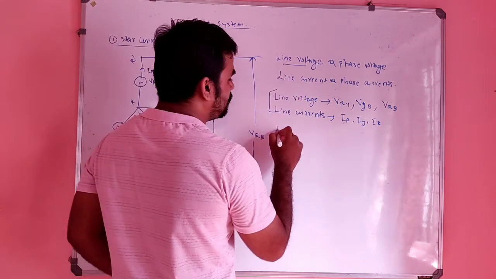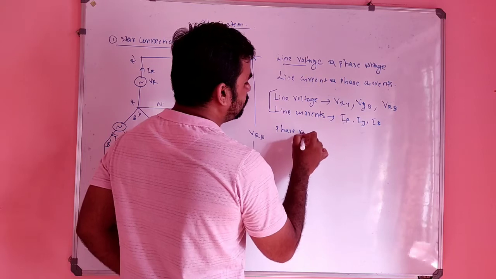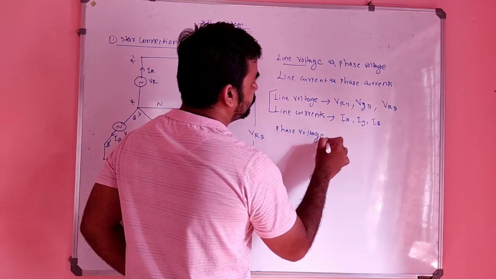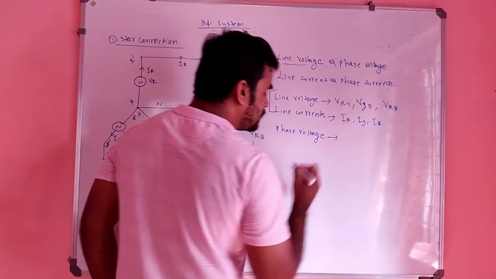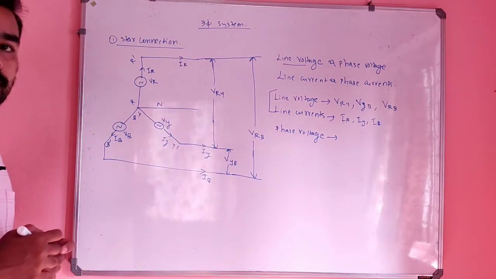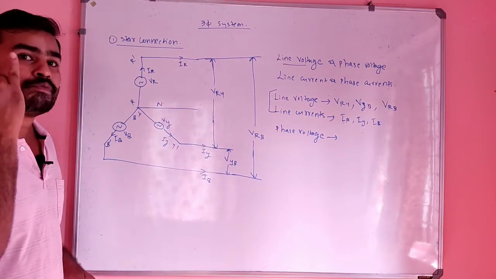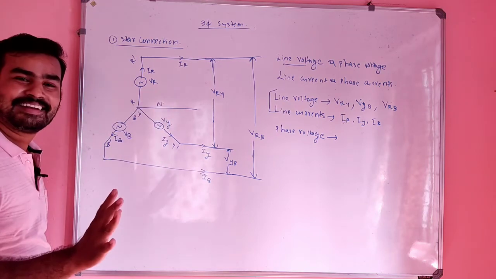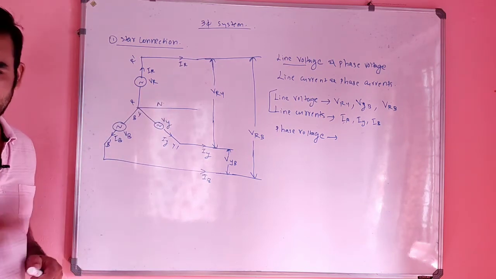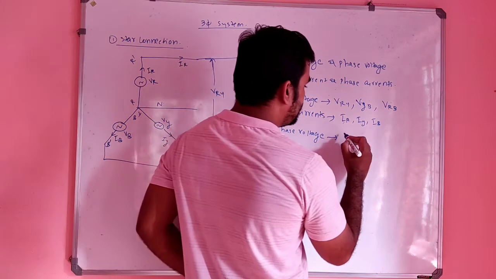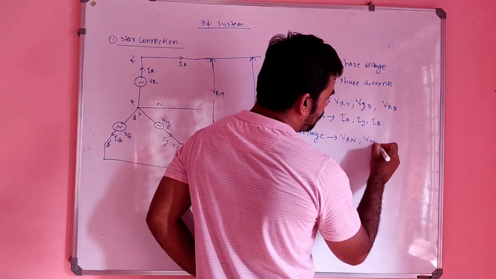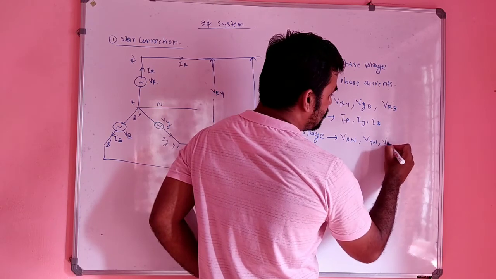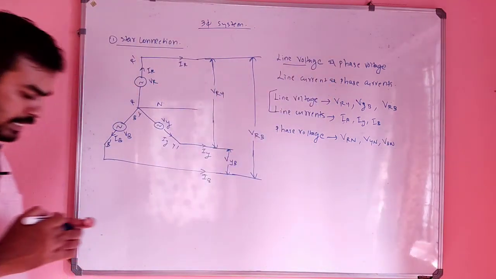And next you have to see what is phase voltage. Phase voltage means the voltage between any one line and neutral is called the phase voltage. That means phase voltage is VRN, VYN or VBN.